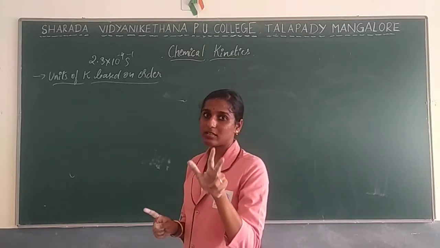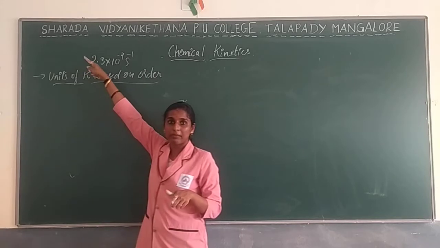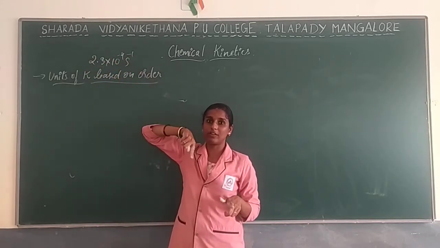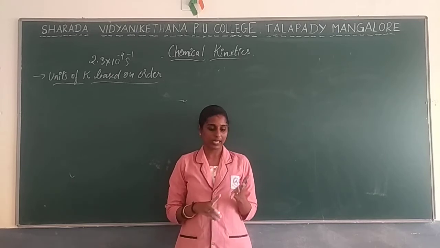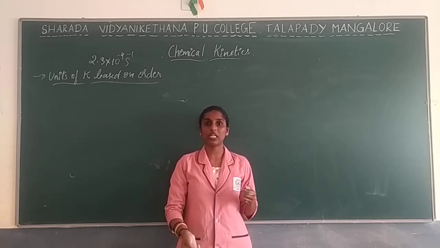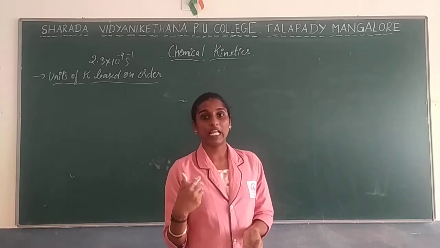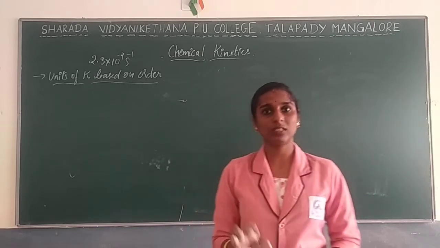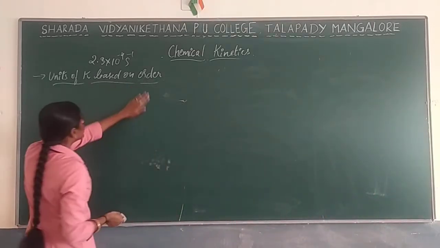With that unit, you can identify whether it is first order, second order, or zero order reaction. It can be called primary or secondary order, first order or second order of reaction. They will give that kind of question, which is one and the same. So now, units of K based on the order.